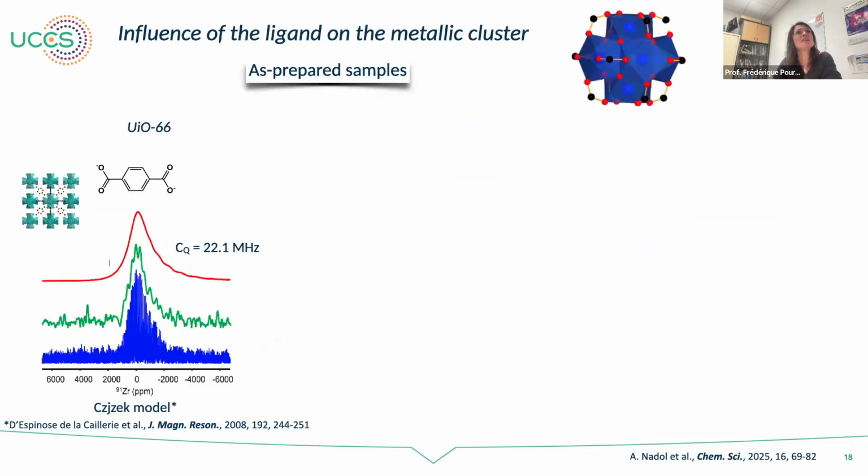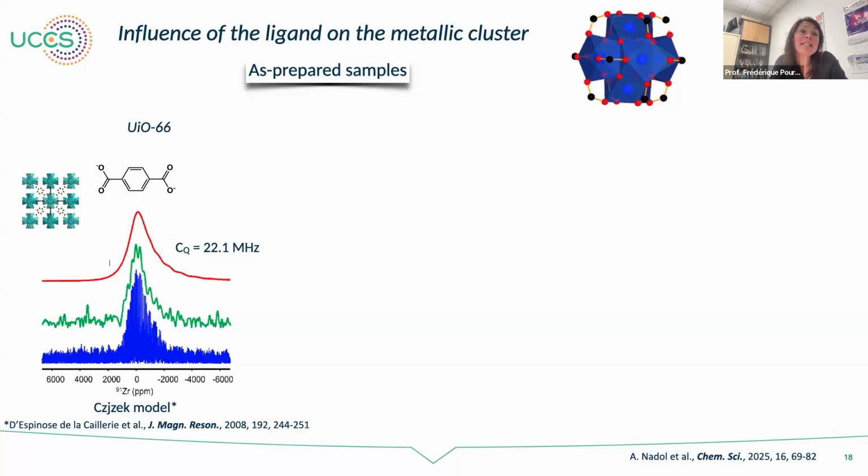So let's start with the as-prepared samples. As you can see, in blue is the experimental spectrum, in green you have the echo-decoupled, and in red are the simulations that we did with the DMFIT software.